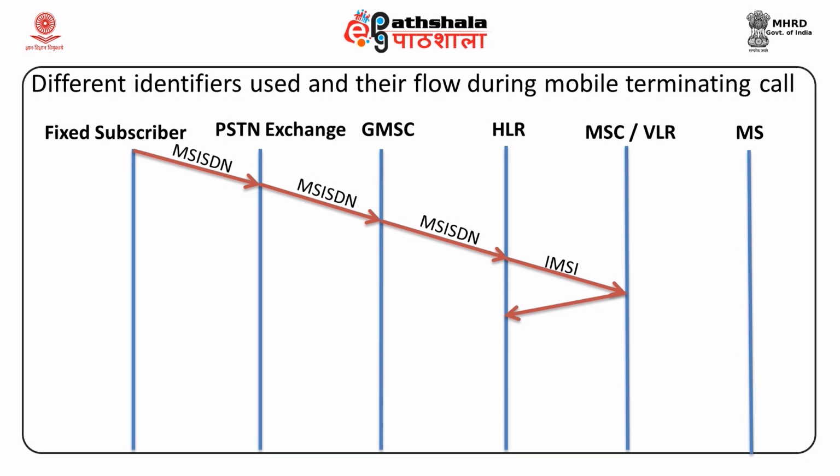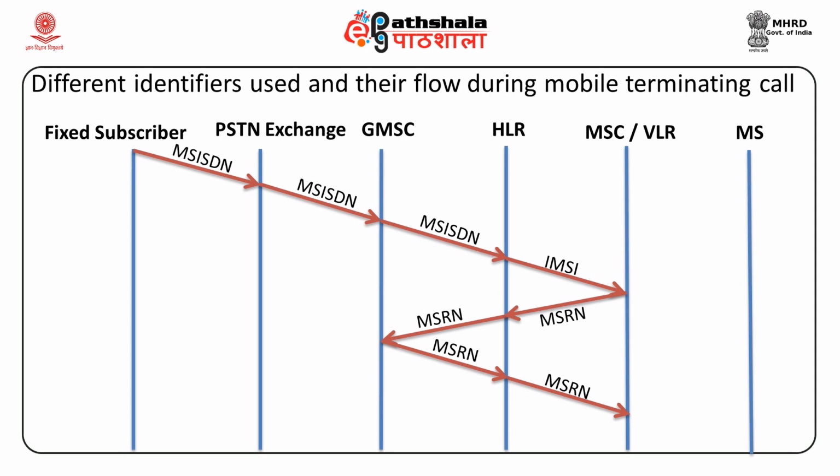As we just saw, by using this IMSI, the HLR will ask for the MSRN number, which has been provided by the VLR. This MSRN number goes to the HLR and then to the GMSC. Looking at the MSRN number, the GMSC finds where the mobile phone currently is.